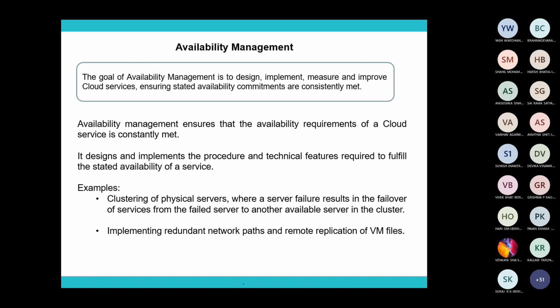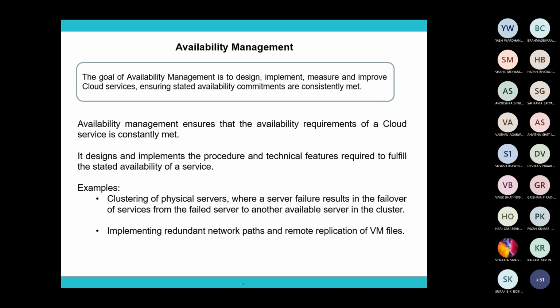Similarly, one more example given for this availability management is clustering of physical servers, where server failure results in failover of services from the failed server to another available server in the cluster. All right, so this is also one example for availability management.